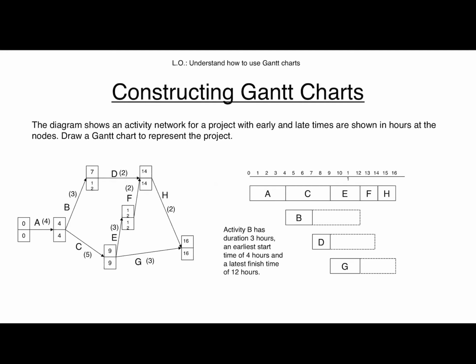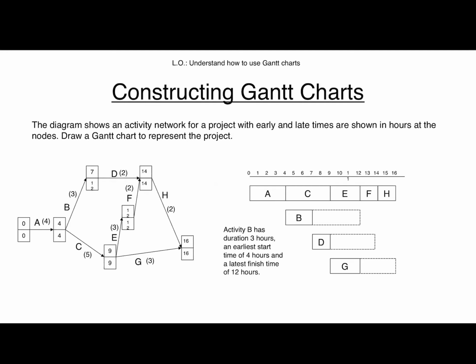The earliest it can start is 4, so that's why the left part of the rectangle of B is at 4. Because it's got a duration of 3, it runs from 4 to 7, and that's my solid rectangle, but it has a late event time of 12. So I'm going to extend that rectangle with a dashed dotted line all the way to 12.